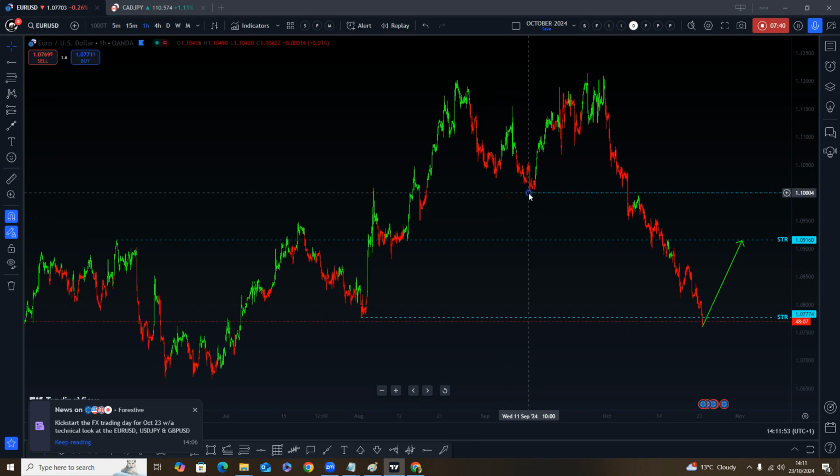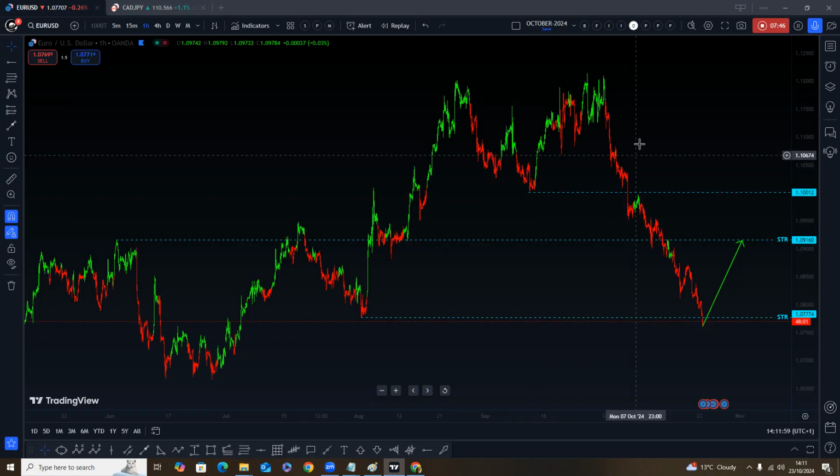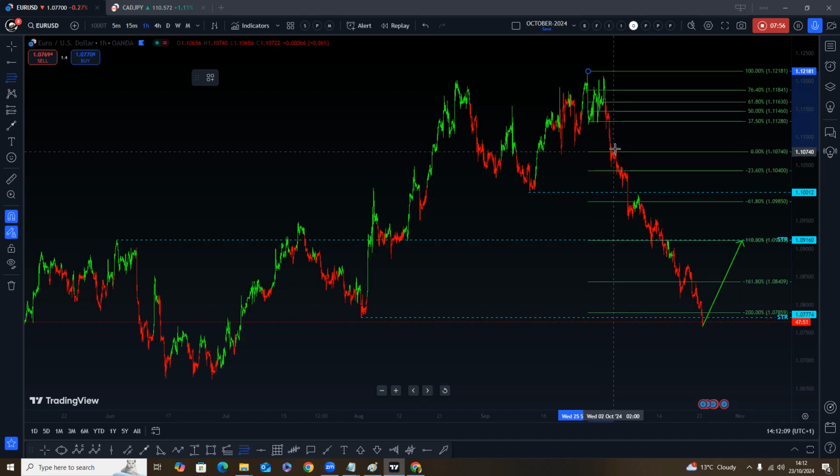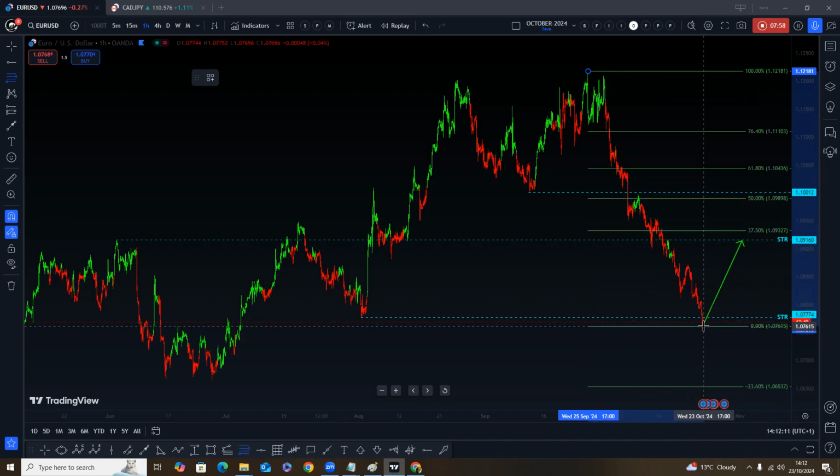So that means the dollar is very strong, and this has turned to a trend. So the ideal situation is for us to start to use the Fibonacci, and this is the same thing we're going to have to do on the pound US dollar as well, to draw the Fibonacci down.